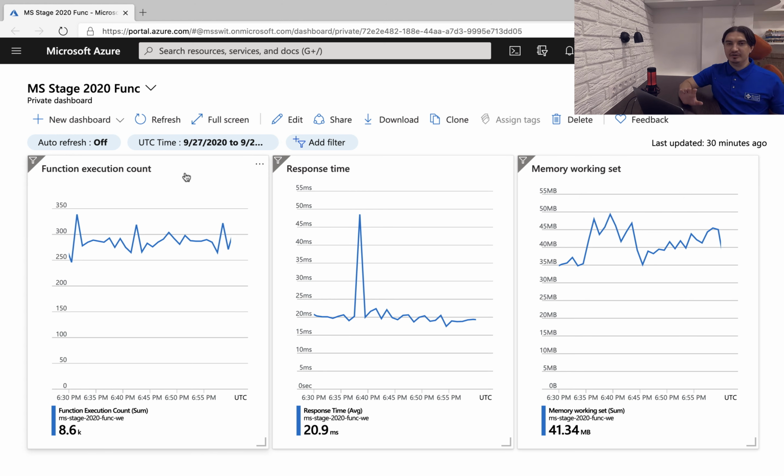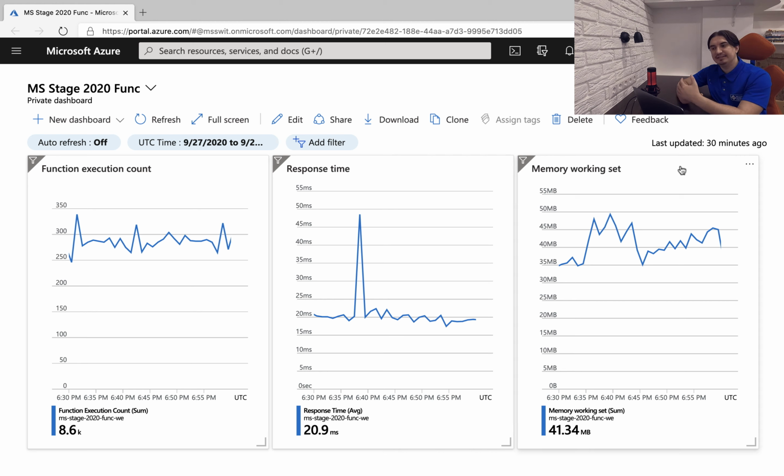As you can see, the granularity was 1 minute, so on average we have more or less 300 calls, 300 invocations per minute. This is really important for us. Then the response time. As you can see, on average it was like 21 milliseconds, so let's keep that in mind. 21 or maybe 25 milliseconds on average will be the response time for our health probe.